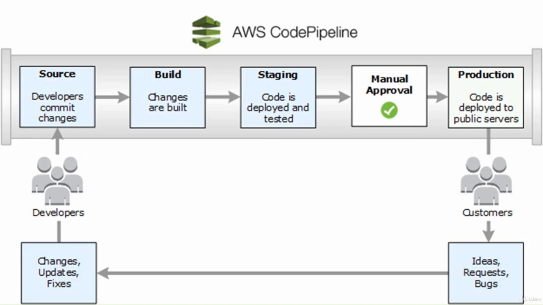It works in various environments and scenarios where we may have different models for development environments. We may have source, build, staging, or manual approval stages, be it customers or developers. We can have changes, updates, fixes, feature requests, and bugs.